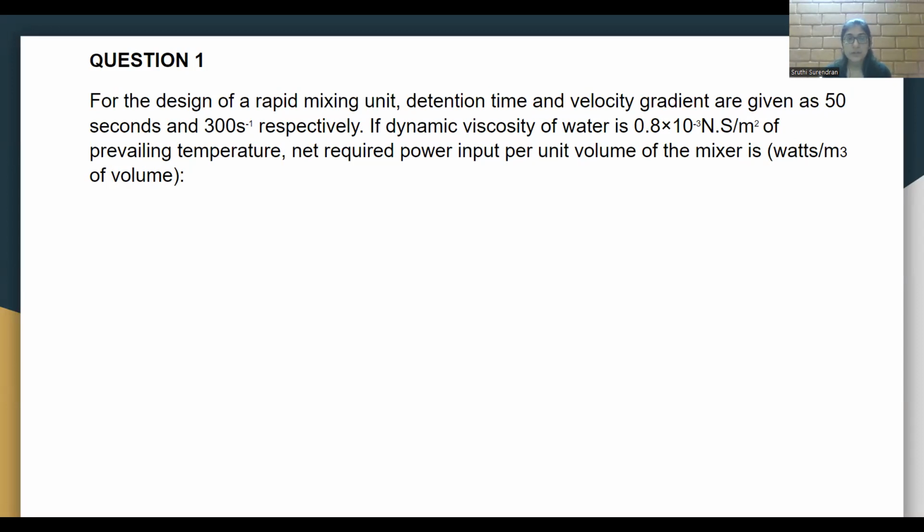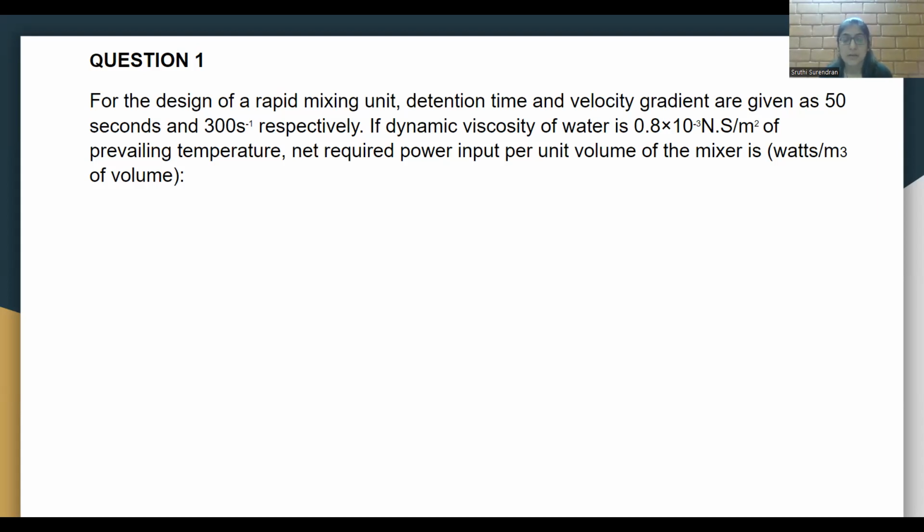Sangamitra, do you know the formula for finding the power in the rapid mixing unit? Is it rho QH something? Okay, that formula is a general formula for power. The one with the velocity gradient is mu V G square, the product of the dynamic viscosity, volume, and the square of the velocity gradient.